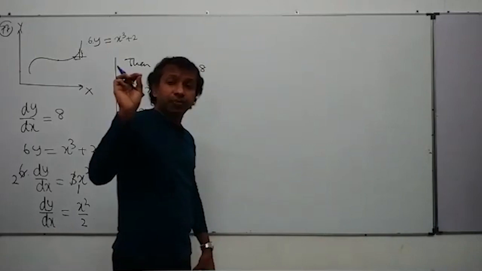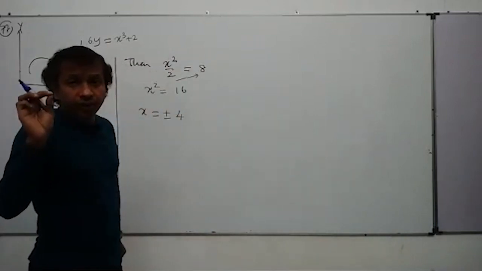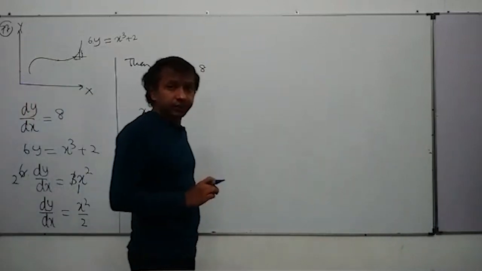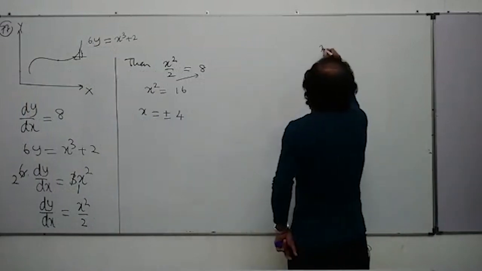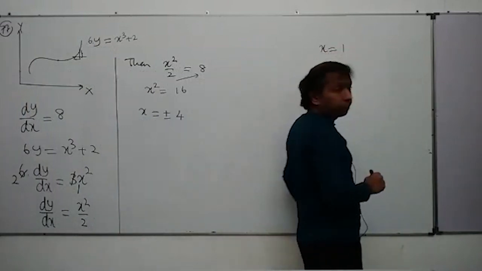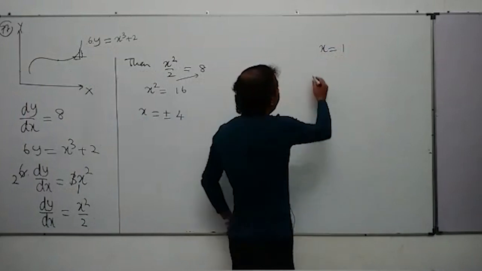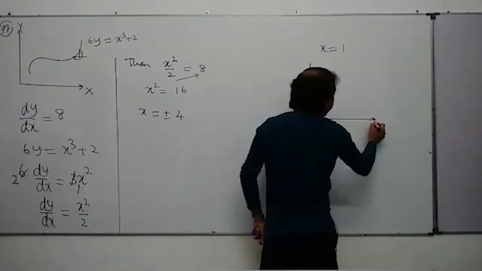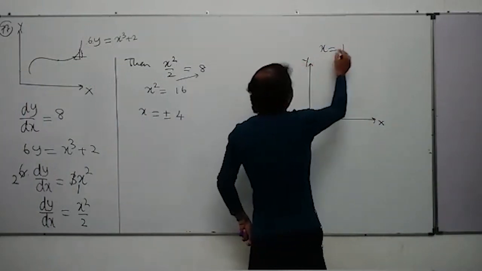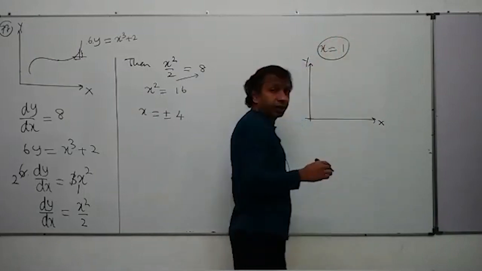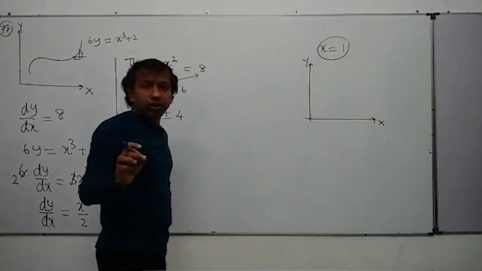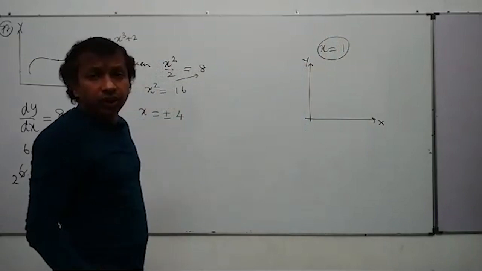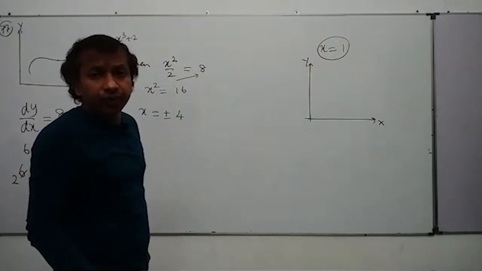When we consider a point, it has 2 coordinates. For example, if you are asked to find on the xy plane the point which has the x coordinate 1, can you mark that?